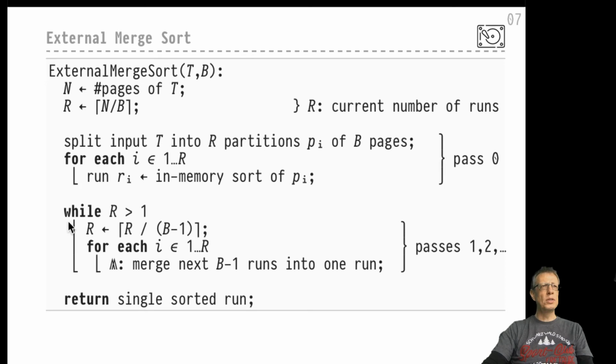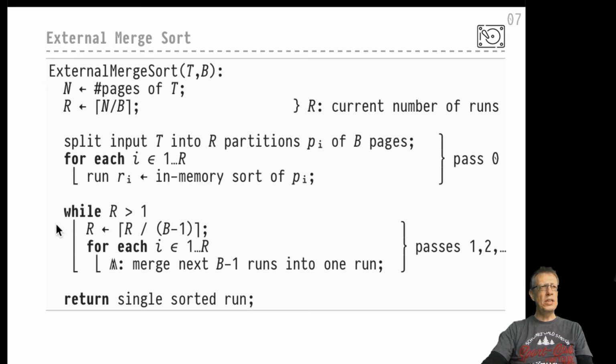At one point, R will indeed reach the value of 1, and this means a single run is left. This would be the entirely sorted output file that would constitute the output of our external merge sort algorithm. So this indeed would be the single run that is being output in the external merge sort.